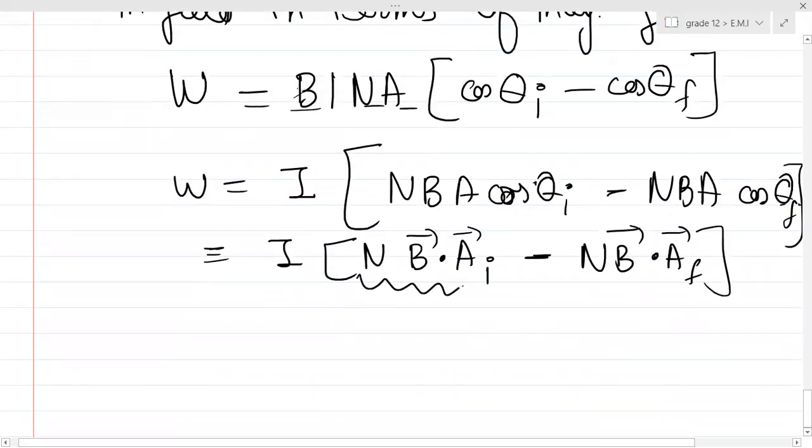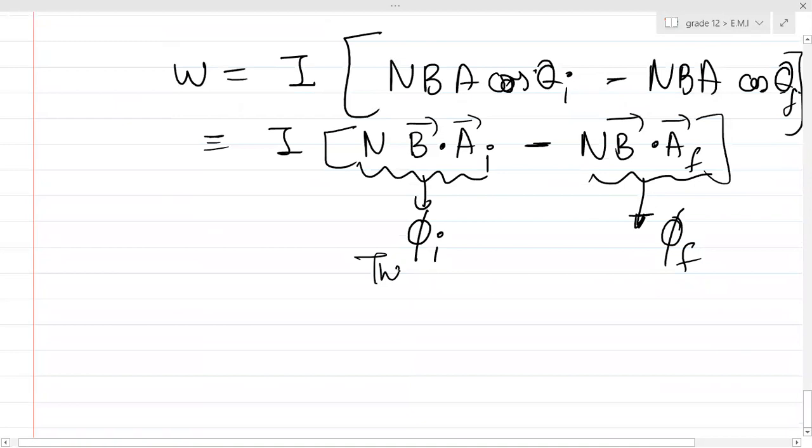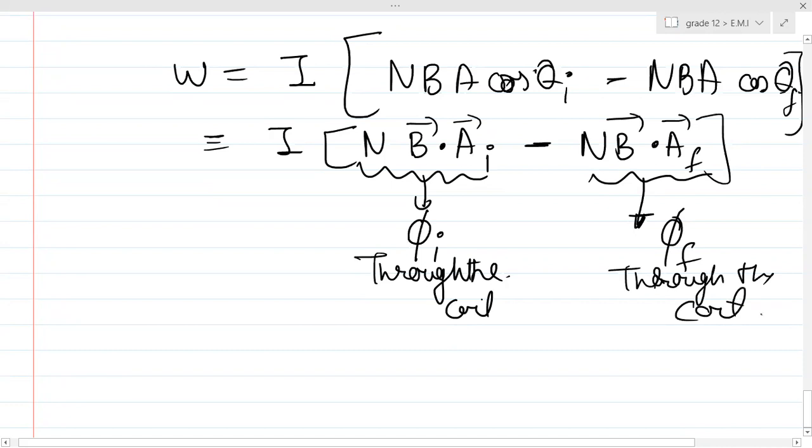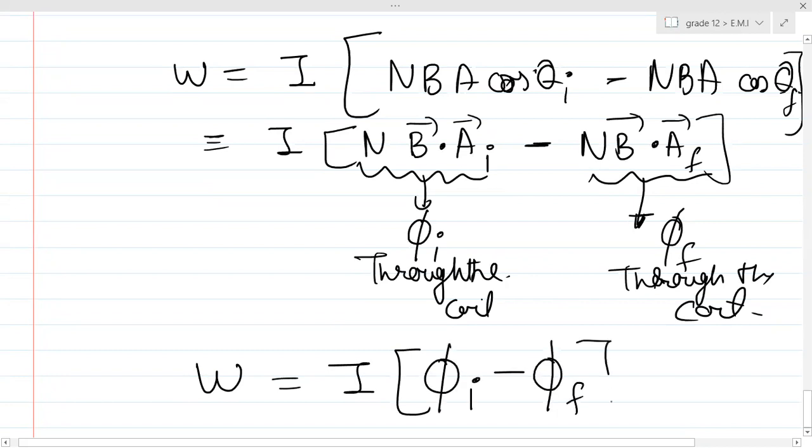So this thing is basically your initial flux, and this thing is your final flux. So what is exactly the formula? The work done is basically I into phi I minus phi F.